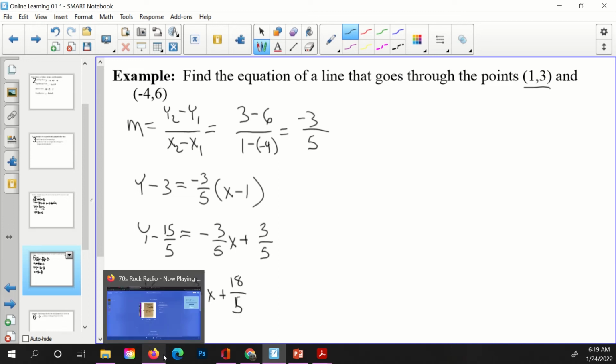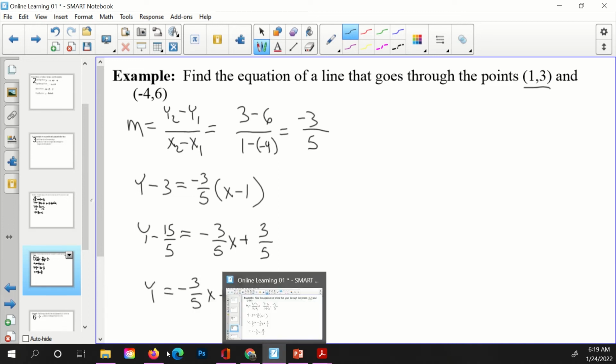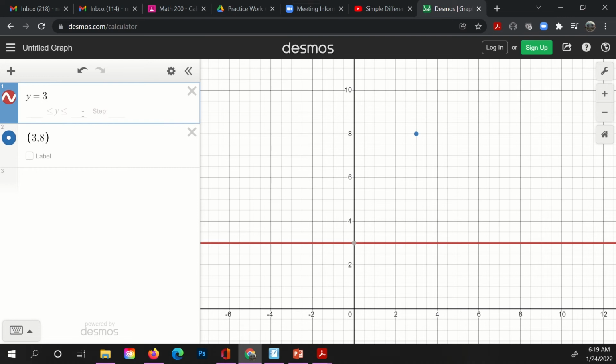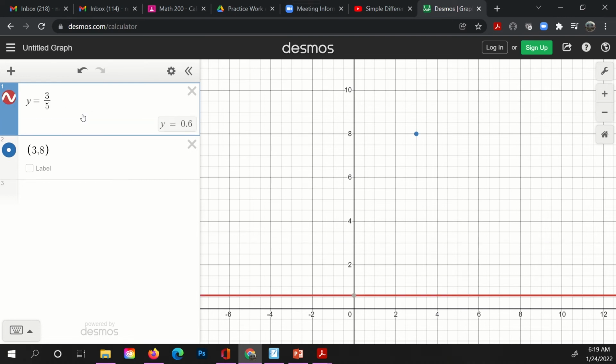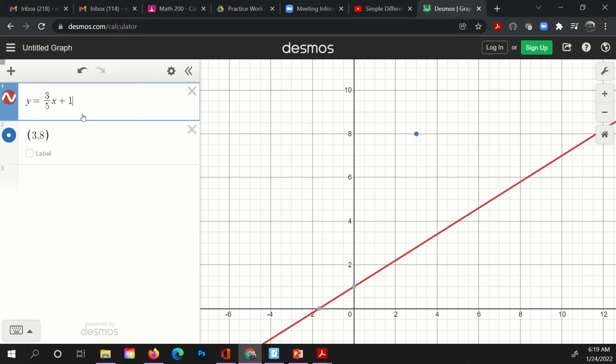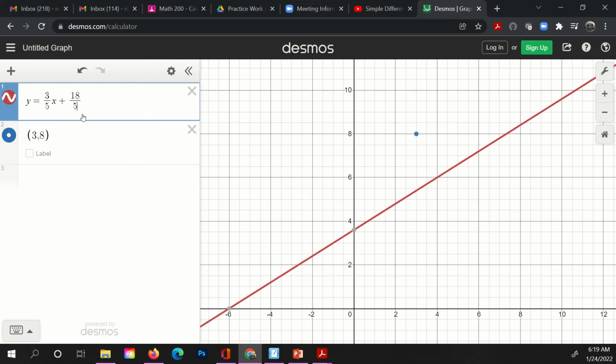And again, we can go right back to decimals. We can check our answer here. 3 divided by 5, x, and then plus 18 over 5. And then we can check our points.